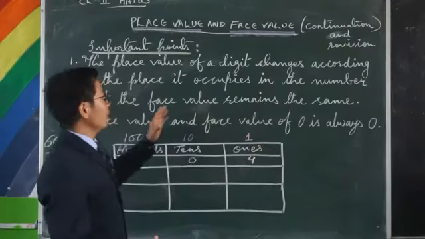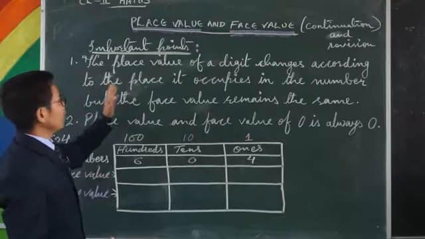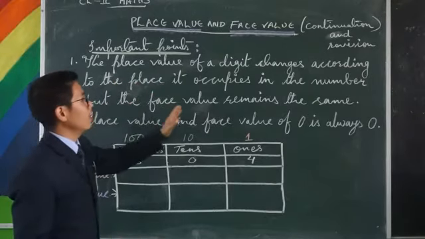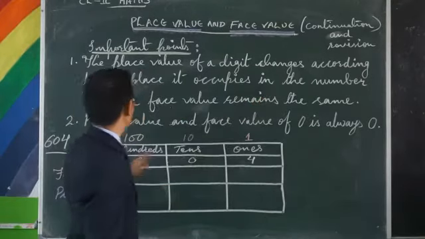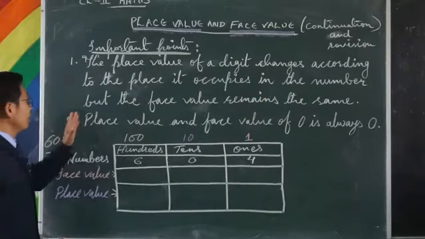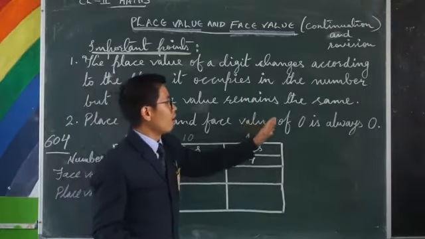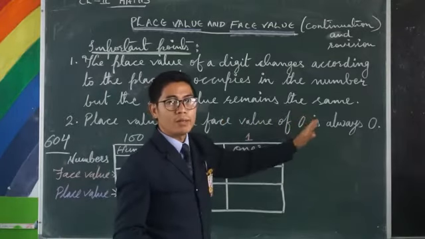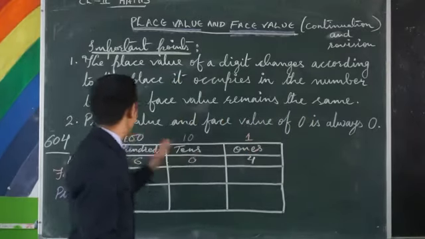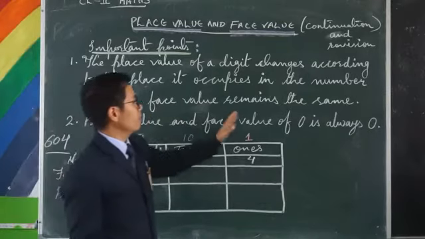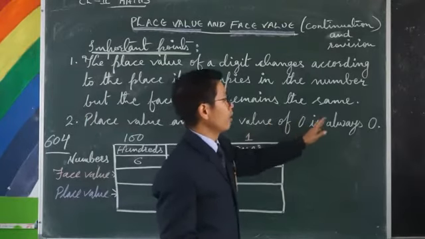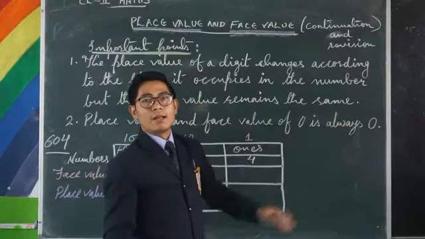The second point: the place value and face value of 0 is always 0.